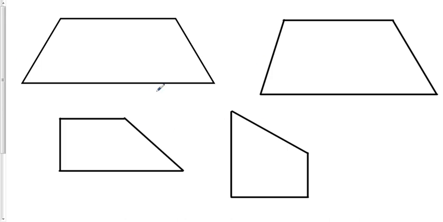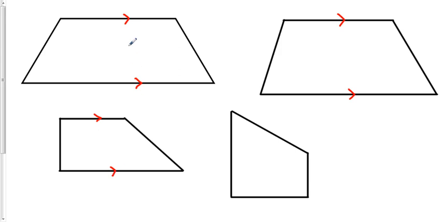Here are four examples of different types of trapeziums that you might see. The most important thing to remember about a trapezium is that it's defined by having a pair of parallel sides. You might have more than one pair of parallel sides, so for example a rectangle or a square is an example of a trapezium, although we wouldn't normally call it a trapezium, we'd call it a rectangle or a square.